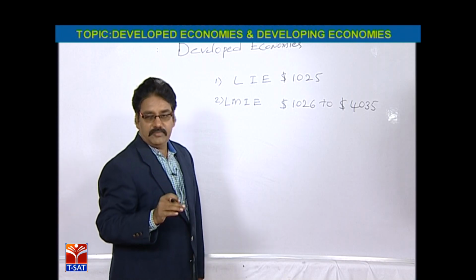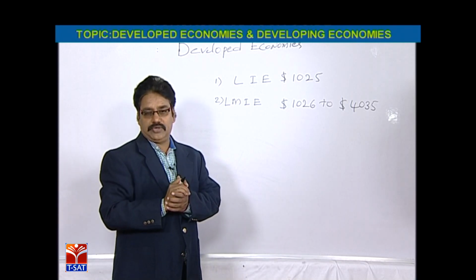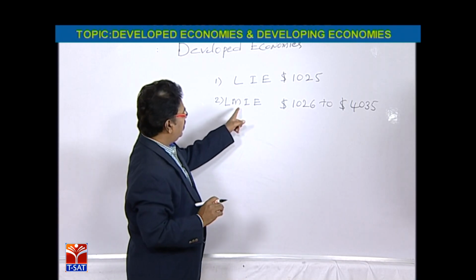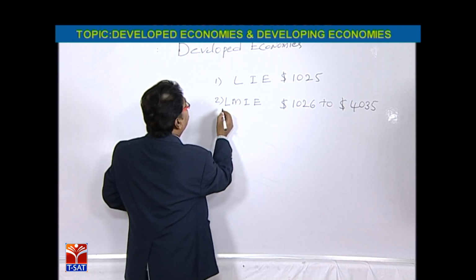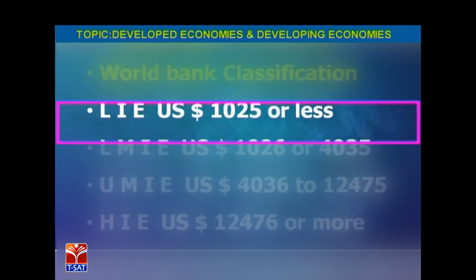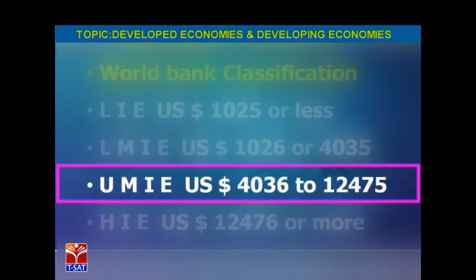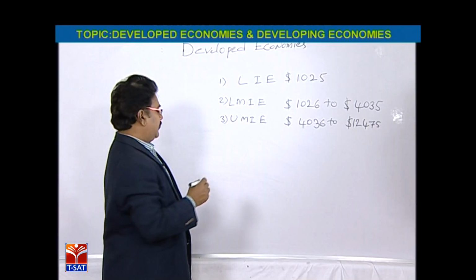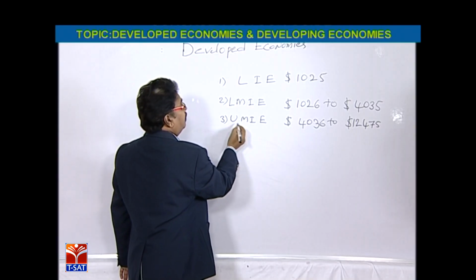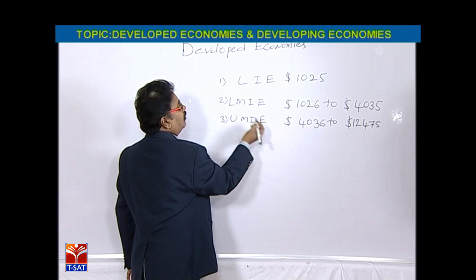Middle income economies are classified into two categories: lower middle income economies and upper middle income economies. $4,036 to $12,475: third category, upper middle income economies.